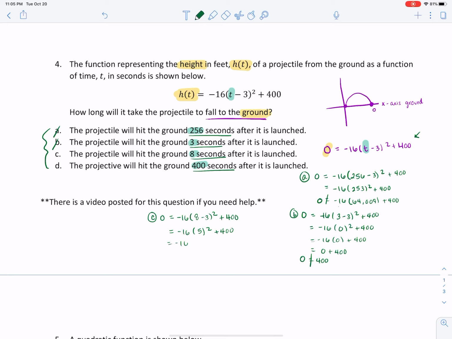So negative 16 times 5 squared, which is 25. Negative 16 times 25 is negative 400. So now I have 0 equals negative 400 plus 400, which is 0. So I know that that is the time that made that height possible.